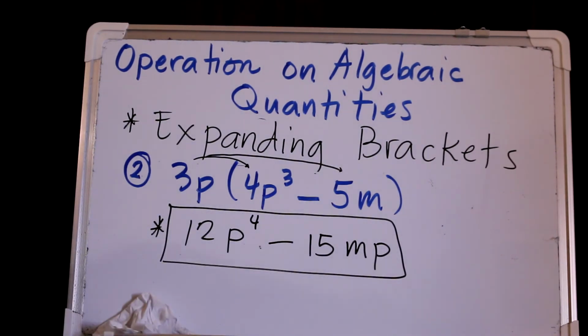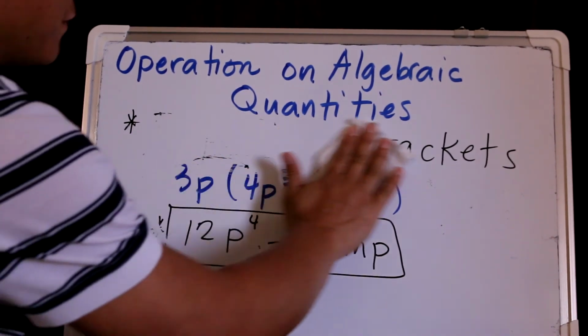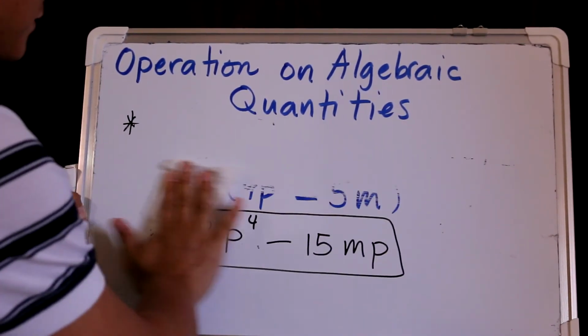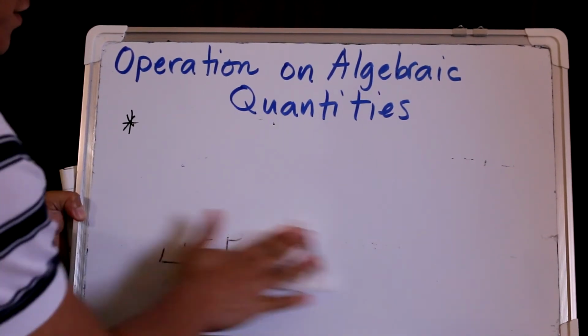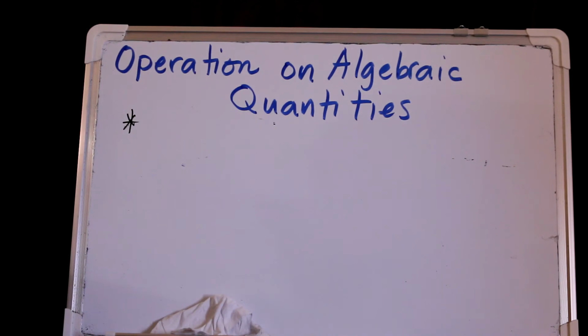Okay, so if it says expand brackets, then you are going to do it like this, or distribute, right? The word distribute. Sometimes they are going to combine. I mean, in the question, it might be a combination of expanding and simplifying.